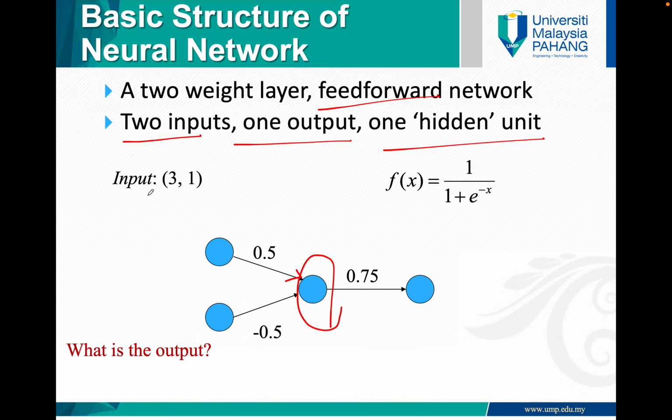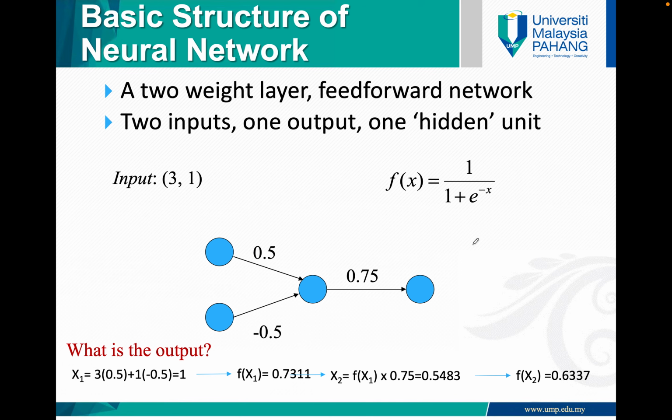So you do the calculation. Let's say the input is 3 and 1, and the weights are 0.5 and minus 0.5. Using the sigmoid function here, what is the output?